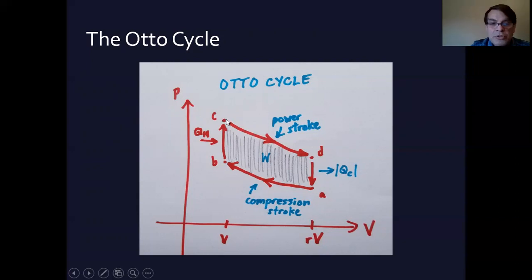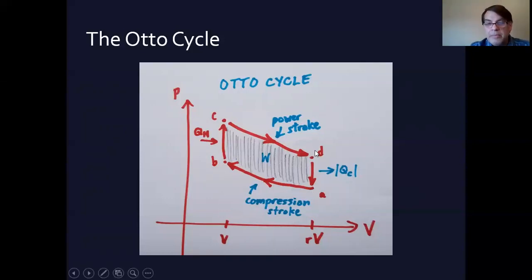Okay. So at that point, we go from the minimum volume again to this large volume. So there is an increase in volume. It's another adiabatic process because no heat is added during this power stroke. And the pressure goes down because we've increased the volume, Boyle's law.